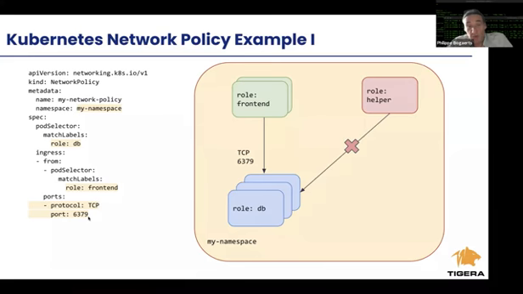So once you enforce this, only the connection between roll frontend and roll DB can happen. Since nothing allows roll helper to communicate, roll helper will not be allowed into roll DB. It doesn't mean that roll helper cannot do something.